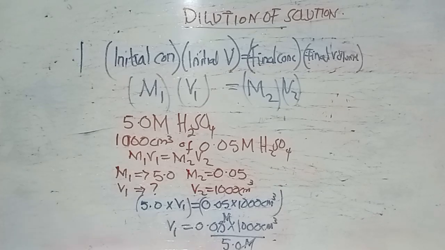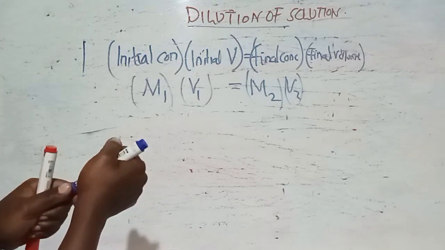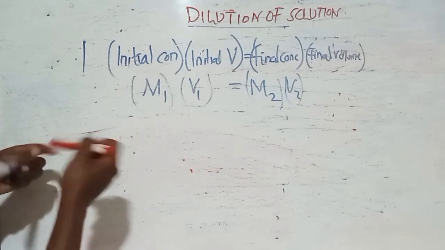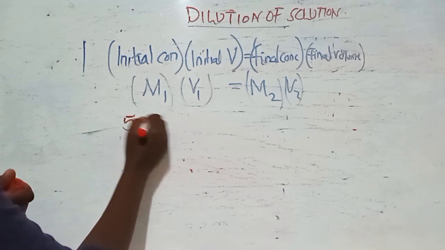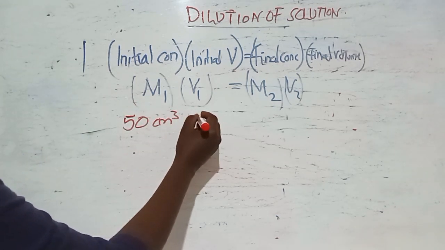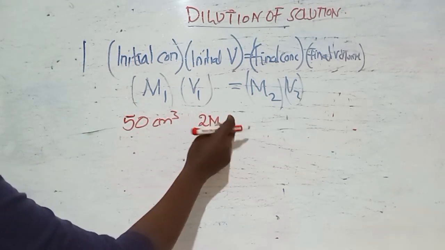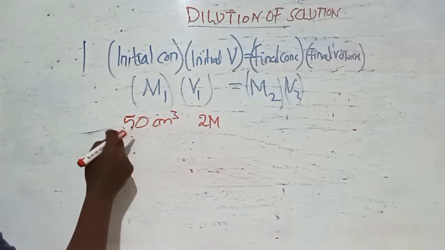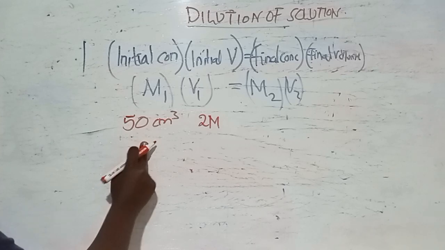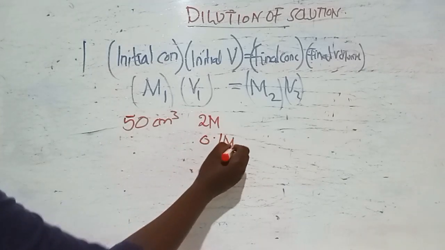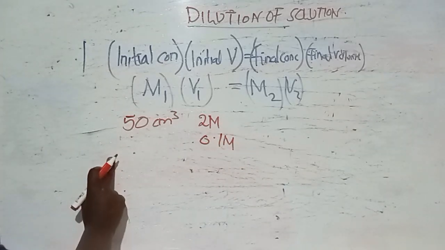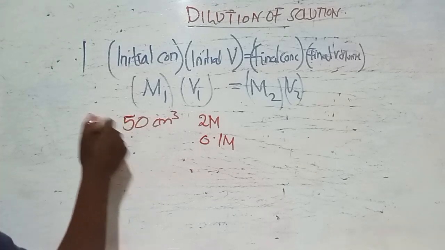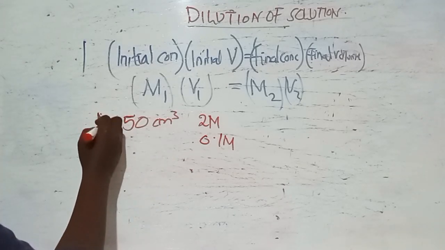So the question is, when 50 centimeters cubic of 2 molar potassium hydroxide was diluted, the final concentration was 0.1 molar. Calculate the volume of the diluted solution. So it means 50 centimeters cubic is our initial what?